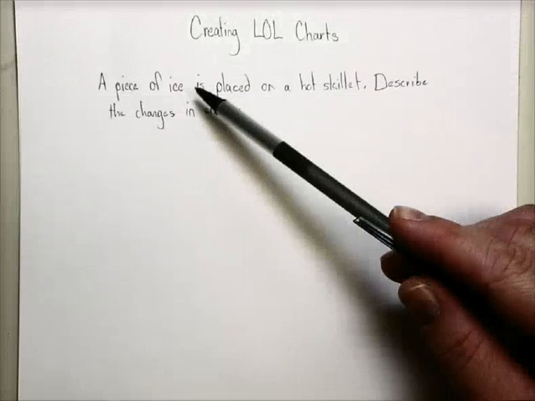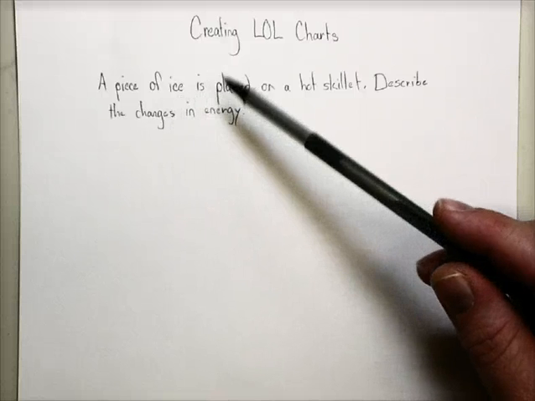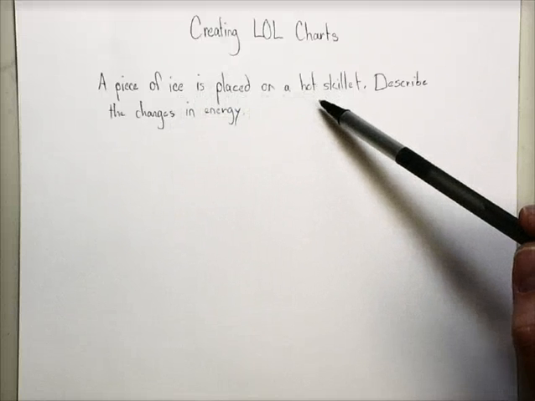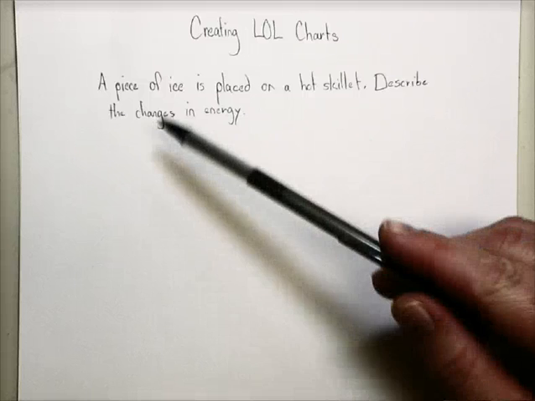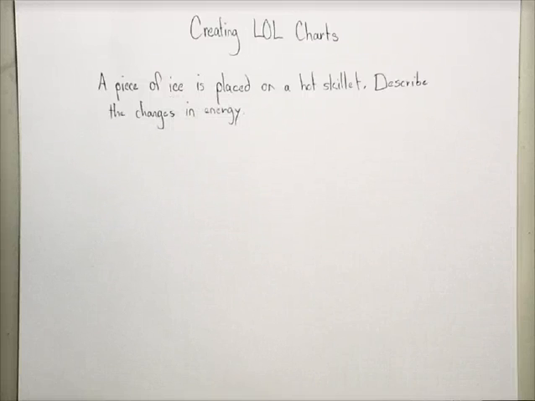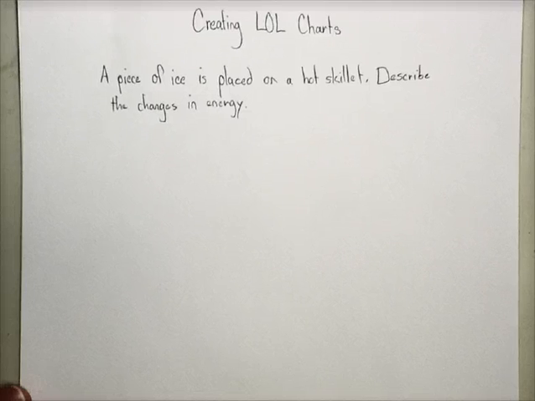And if we're discussing this in terms of heat, we know that heat is going to flow from the hot skillet, from the high temperature, to the ice, the low temperature. And we can identify a couple situations here, and this part is really key. We're going to separate out places where the temperature changes and places where the temperature doesn't change.